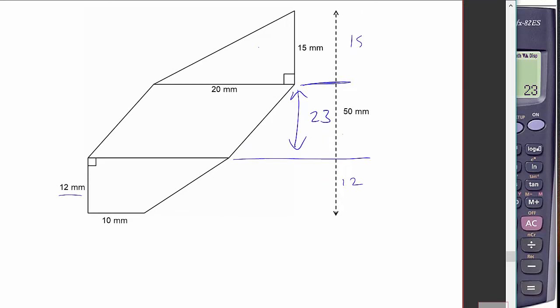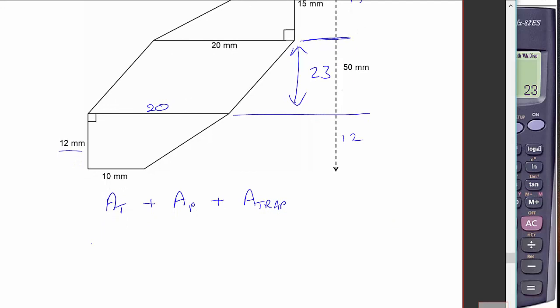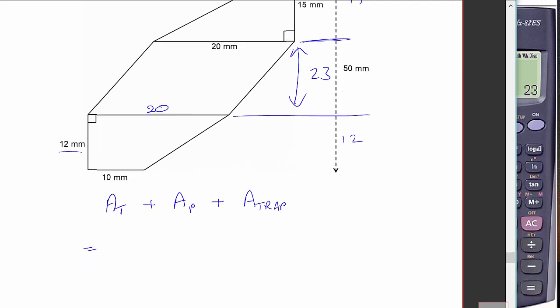So what do we have? We've got a triangle, we've got a parallelogram, and we've got a trapezium. And note, with a parallelogram, the opposite sides are the same length, so that one there is a 20. So for the triangle, you've got a formula sheet, 20 times 15 divided by 2.